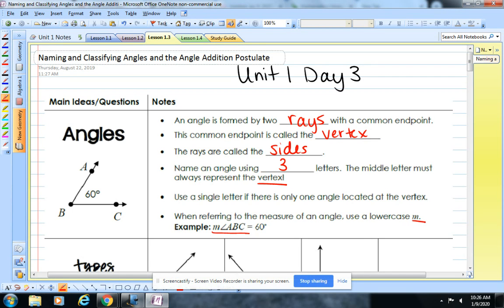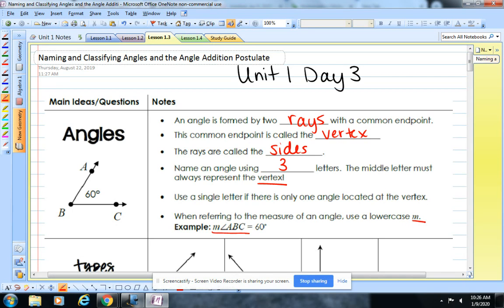So if you see the little m in front, they actually want the degrees. Okay? The little m is in front of the name. They want the degrees. So on this one, the measure of angle ABC is 60 degrees. Okay?